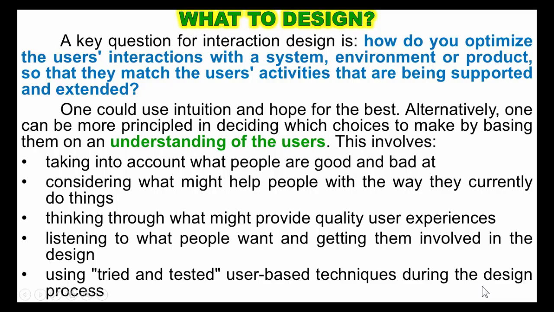This involves taking into account what people are good and bad at, considering what might help people with the way they currently do things, thinking through what might provide quality user experiences, listening to what people want and getting them involved in the design, and using tried and tested user-based techniques during the design process.